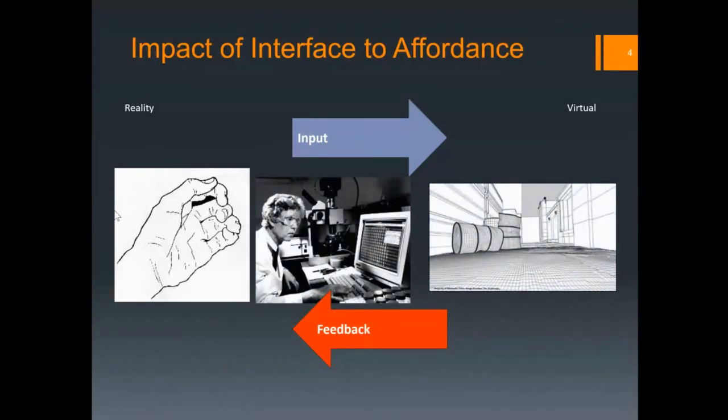You have physical interaction going from left to right, the input to the digital scene, the virtual scene on the right-hand side. You interact with keyboards and things like that, or the mouse design that you would have currently. And you have feedback, which is what's shown on your screen. It comes the other way around, from the virtual to reality back to you, and you make adjustments accordingly.